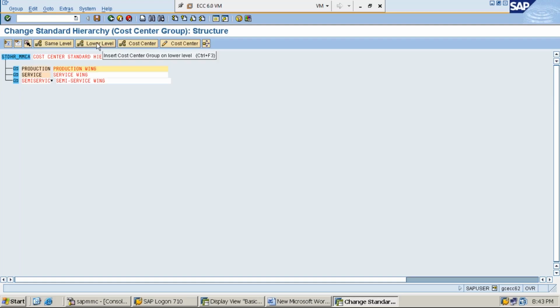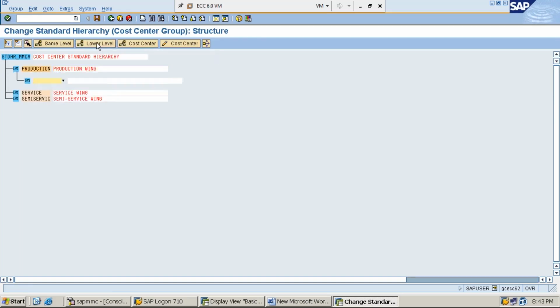Name it as PRODN East, production wing East.